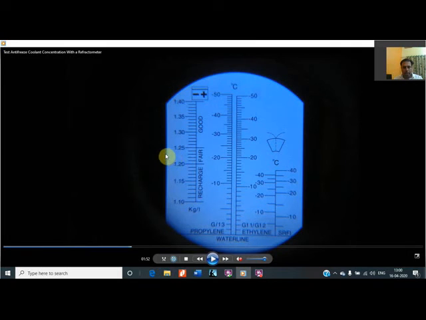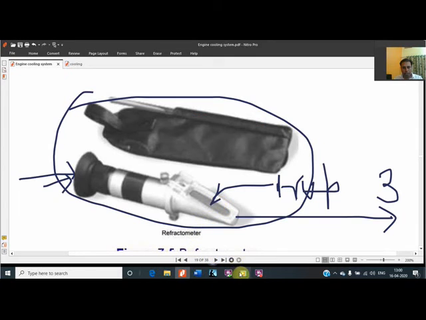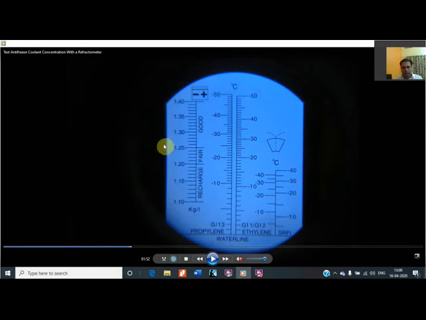If you have placed the coolant over this place, while looking at the screen you get a horizontal line. The horizontal line is passing from minus 30.